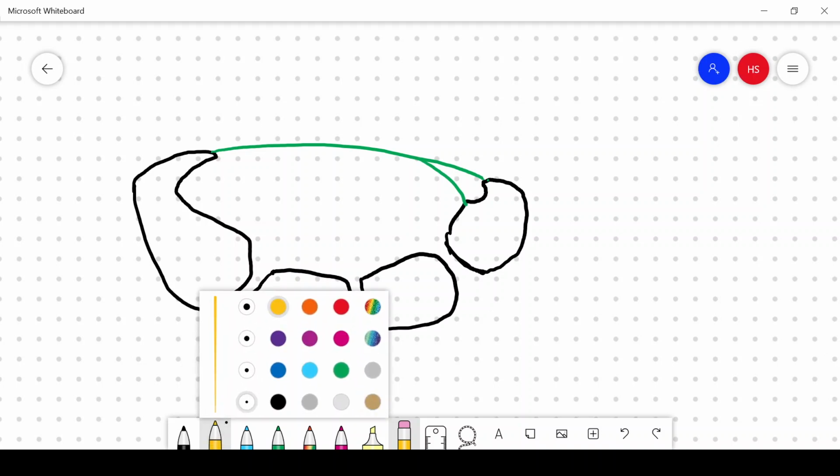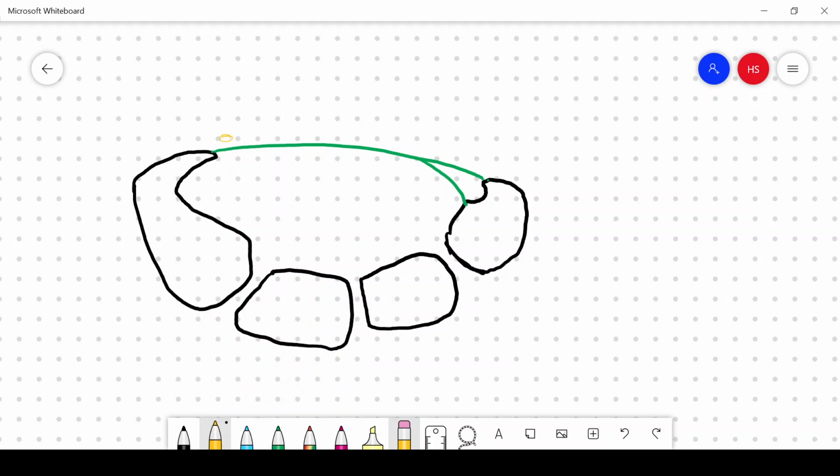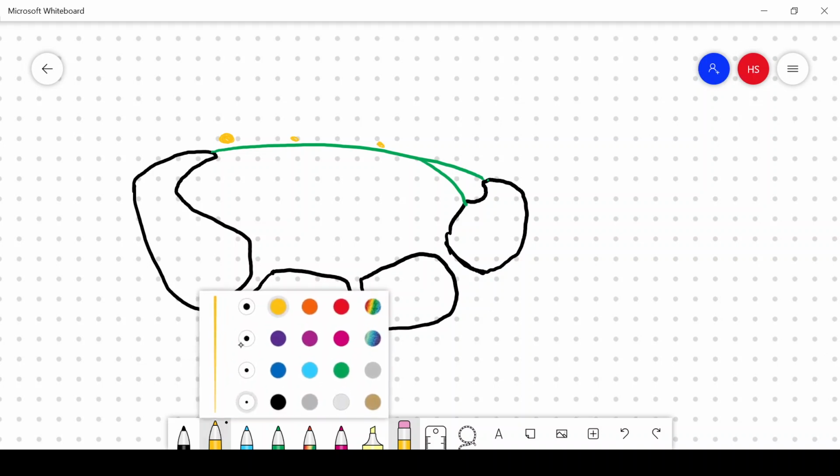Right. So what passes superficial to the flexor retinaculum? One is the ulnar nerve, right? Then there is the palmar cutaneous branch of ulnar nerve. Then there is the palmar cutaneous branch of median nerve. And what else is there?